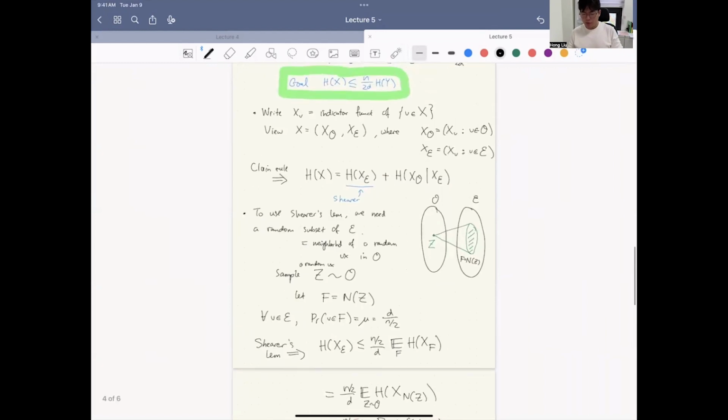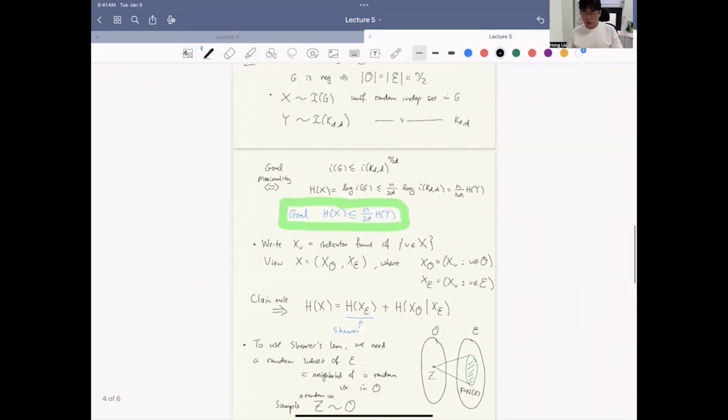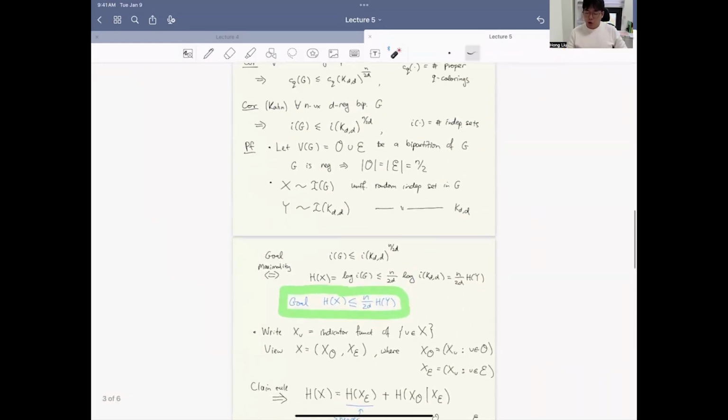Okay, let's review this proof really quick. We want to prove that among all regular bipartite graphs, the disjoint union of KDD has the most number of independent sets. So how we're going to do it is we associate the independent sets with the entropy of uniformly chosen sampled independent sets.